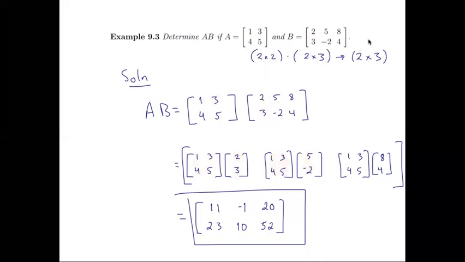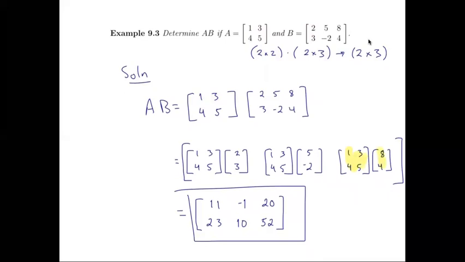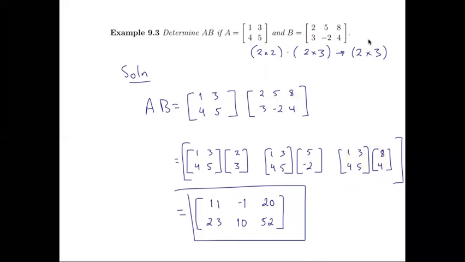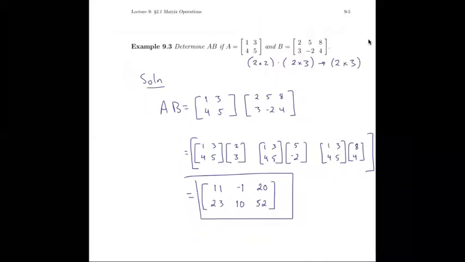And the third entry will be A times B3, the third column of B. And this is a nice way to extend our matrix vector multiplication from the last chapter into this chapter. You'll find that once you make these matrix vector product calculations, you'll end up with this 2 by 3 matrix. Again, that confirms what we saw above. We expected to get a 2 by 3 out of this thanks to our size analysis before we started.